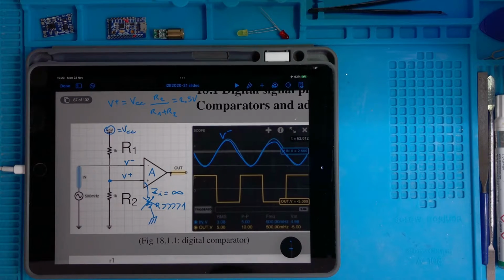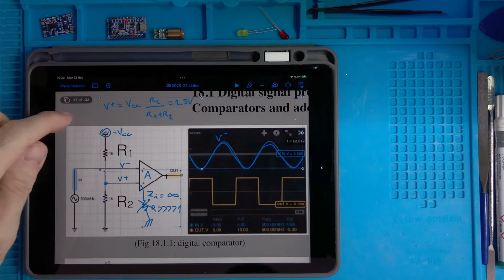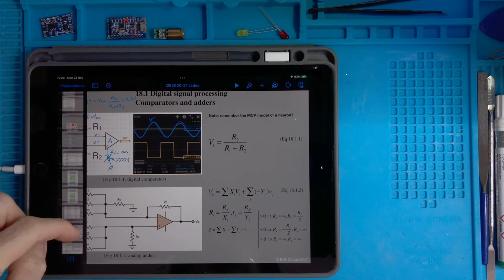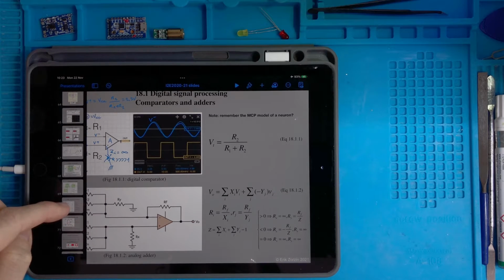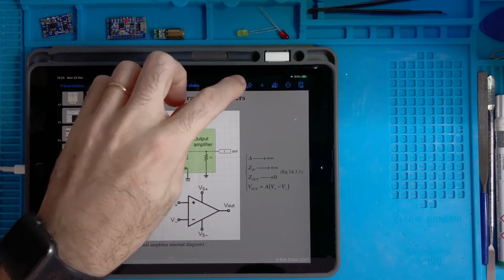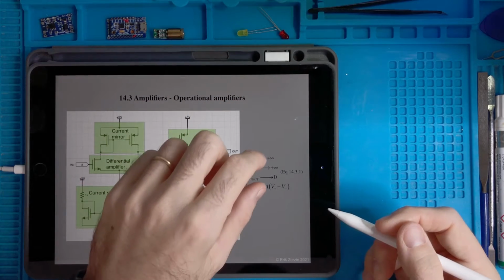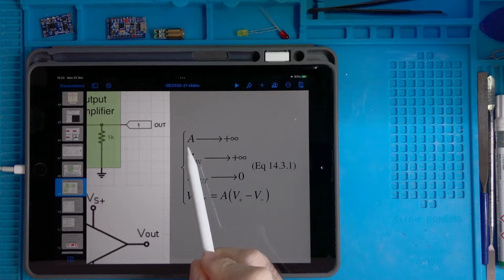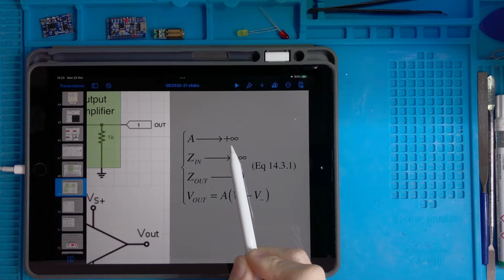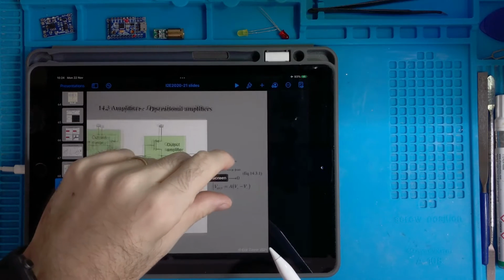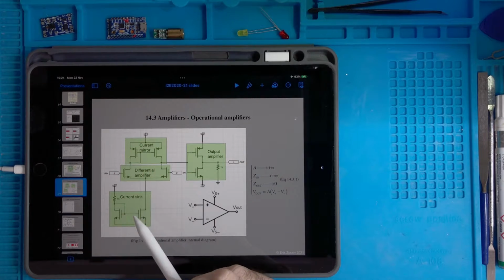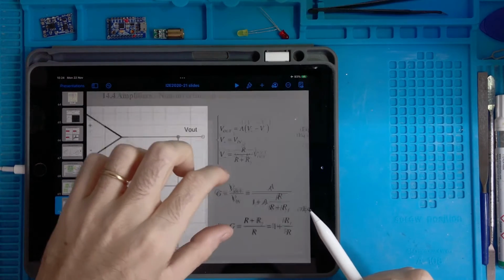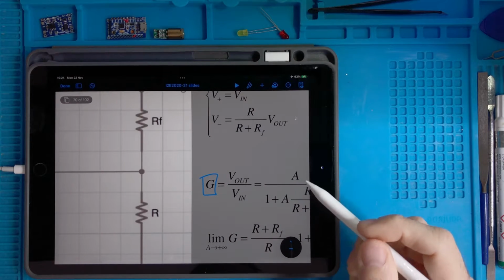It's the open loop amplification factor. So the model for an ideal amplifier was that the open loop gain was very high. By open loop gain, I remind you, I mean the gain of the amplifier without any feedback connection. So we are not speaking of G here, we are speaking of A.